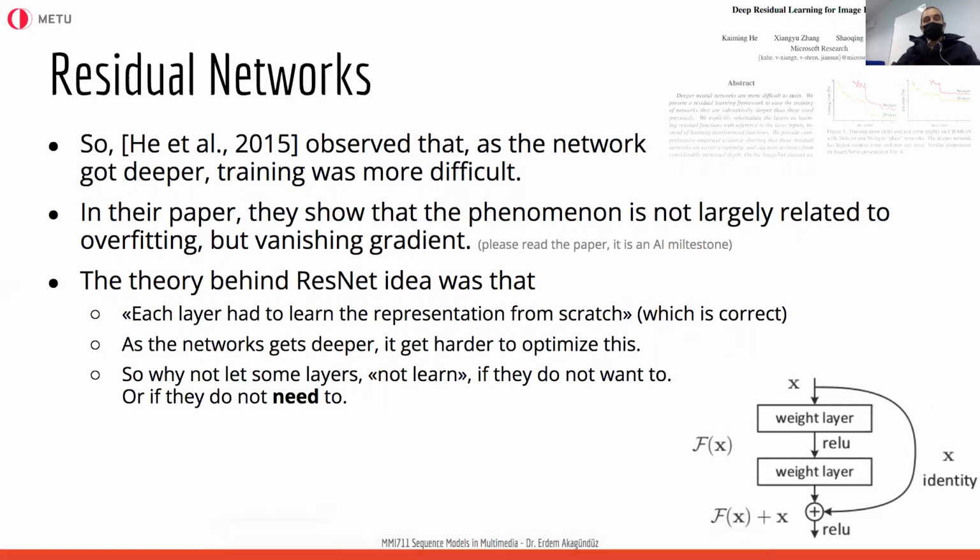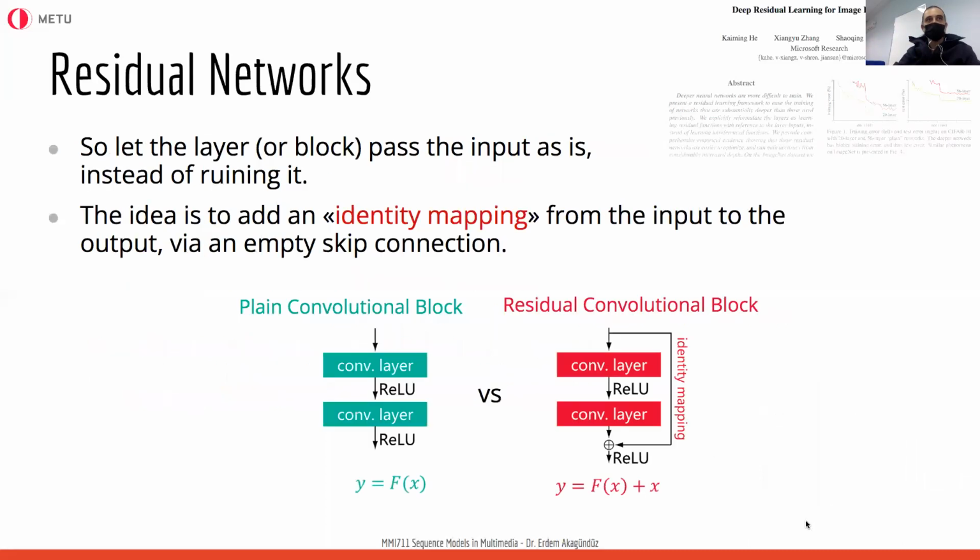This is very important. The theory behind the residual network idea was that each layer had to learn the representation from scratch, like this, which is correct. As networks get deeper, they get harder to optimize. So why not let some layers not learn, like a skip connection, so that the gradients may pass backwards.